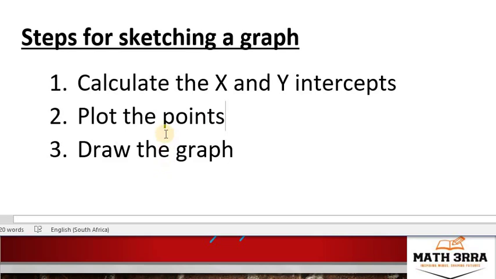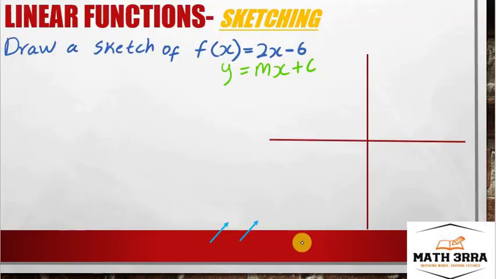And then we are going to draw a straight line connecting the 2 points, thus drawing our graph. So it's only three steps. So let us now get into the first step, which is to calculate the x and y intercepts of the graph.